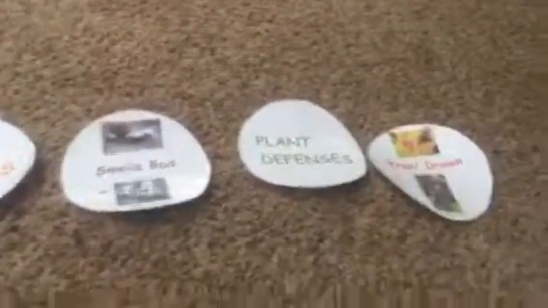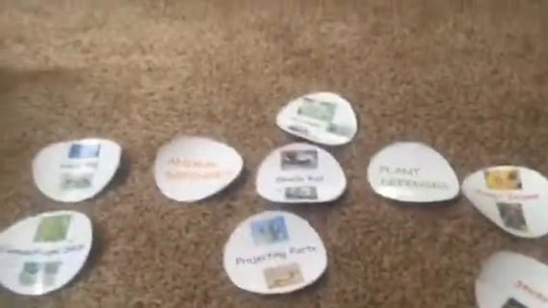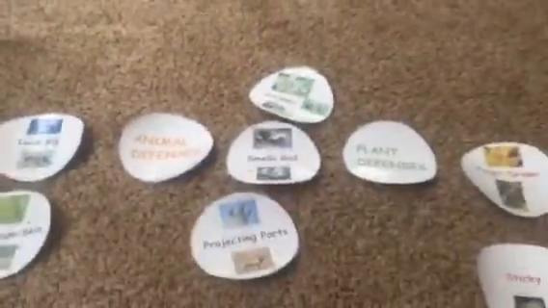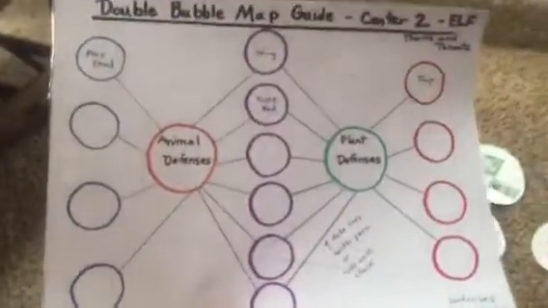Let's say a student said trap, which is what some plants do as a defense. You would hand them that, and they would need to put it on the side where it's only a plant defense. And so after a while, you start to have a map on the ground, and I'm kind of rushing it along, and on the ground, not on my carpet, but on the ground outside, you can use the sidewalk chalk to draw lines to connect them.